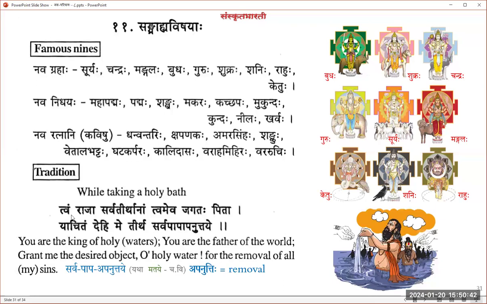Tvam Raja, you are the king of all the holy waters or holy places. Tvam Eva, you indeed are Jagatah Pita, the father of the world. Yachitam Dehi Me, whatever is asked, please provide me that. He Tirtha, Sambodhanam.